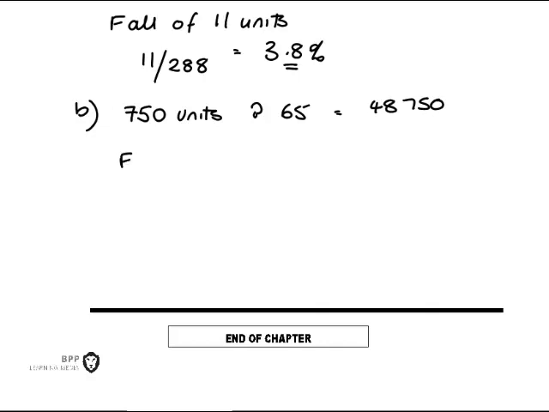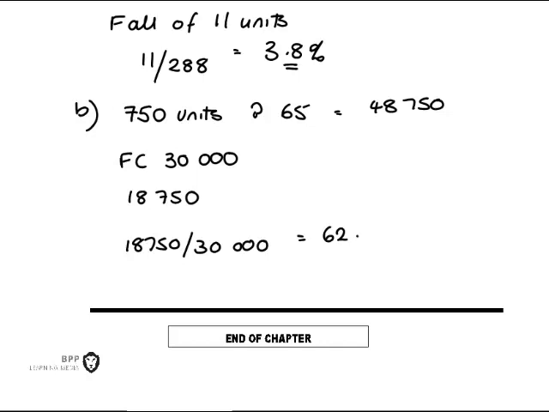The fixed costs at the moment are 30,000, so there is a profit at the moment, and the fixed costs could go up by another 18,750 to get to a situation where we would break even. Now 18,750 as a percentage of the current level of fixed cost is a 62.5% rise.